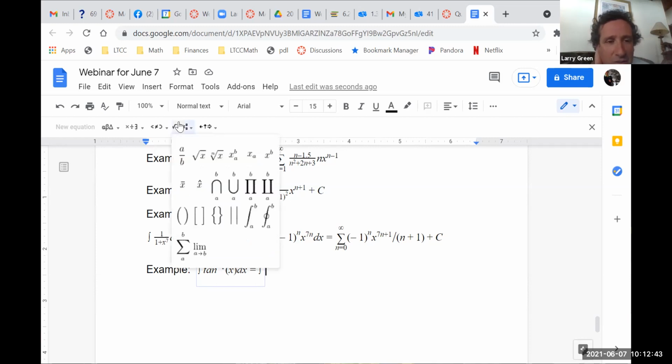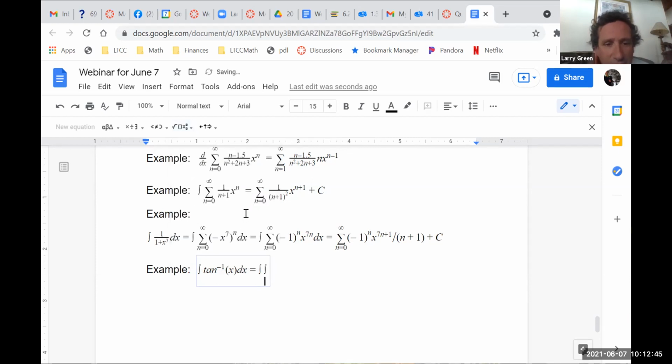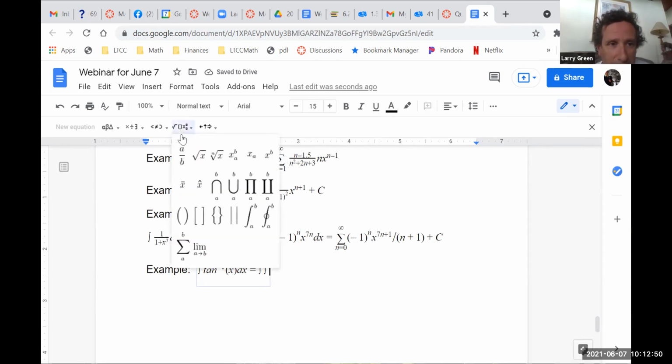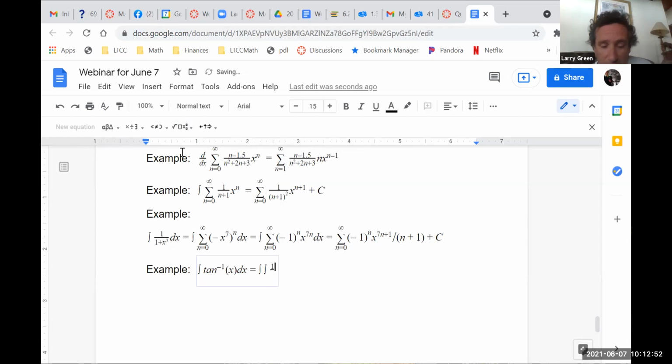So the inverse tangent of x is the integral of 1 over 1 plus x squared. Do you all remember that from last quarter? I'll just write dx and then another dx. Basically integrate twice. But check it out. 1 over 1 plus x squared is an easy one for power series.